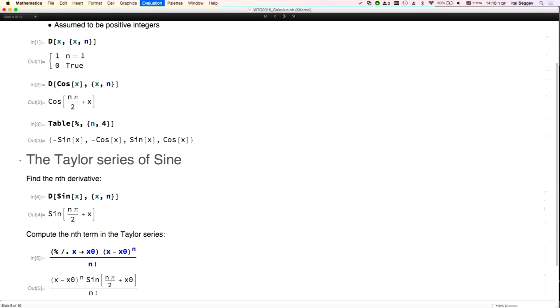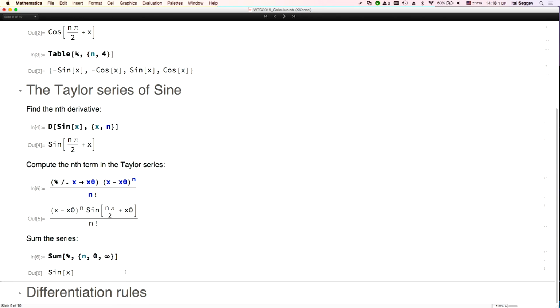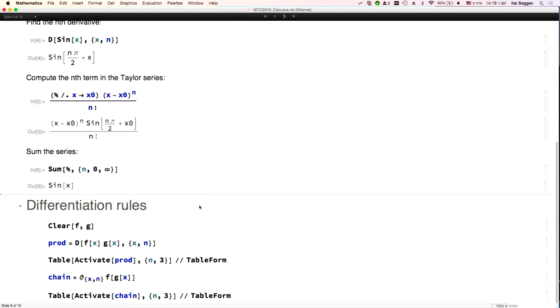Now I compute the nth term in the Taylor series. So I replaced x with x naught, and then multiplied by x minus x naught to the n and divided by n factorial. And if I sum the series, lo and behold, I come back to sine of x. So it's good. Entire functions really do sum to their Taylor series.